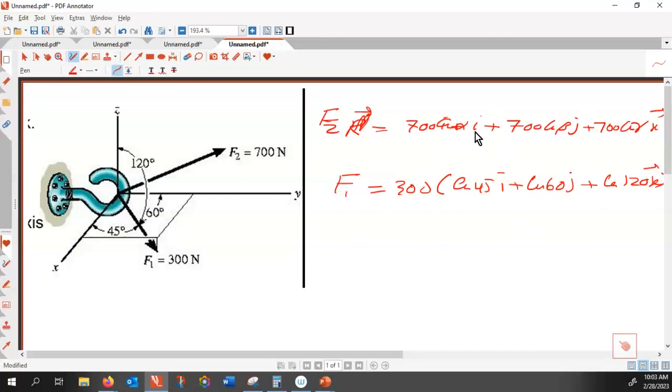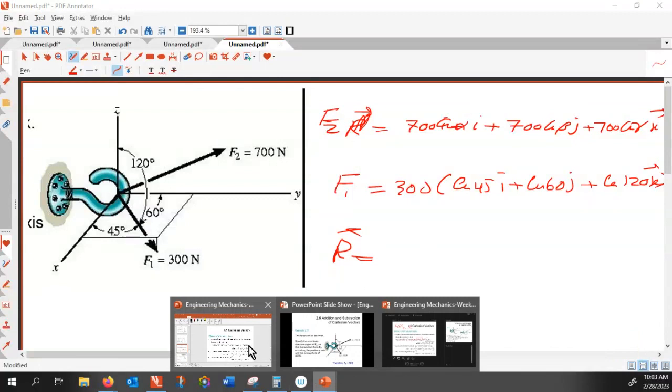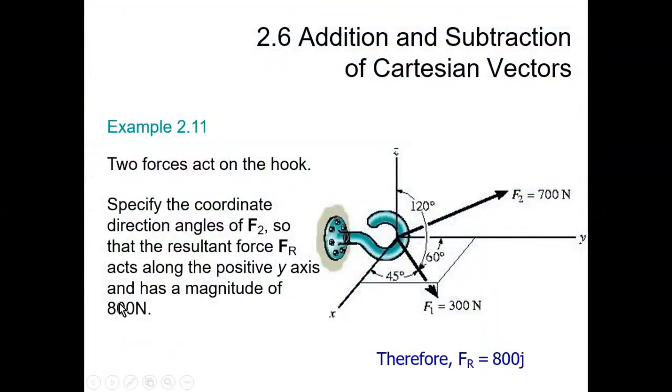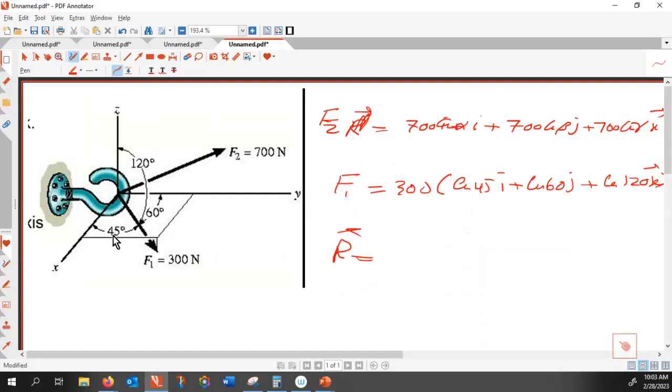Okay, so this is what we know, and R is simply equal to 800 in the y-axis. So that is 0i plus 800 positive j plus 0k, correct?